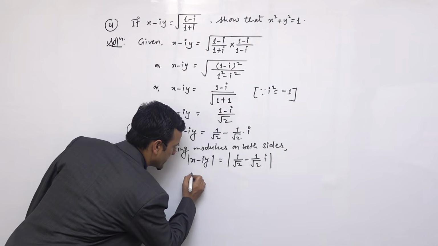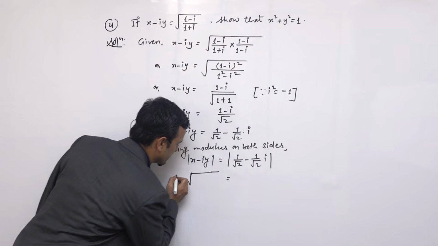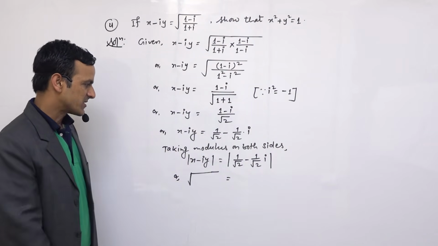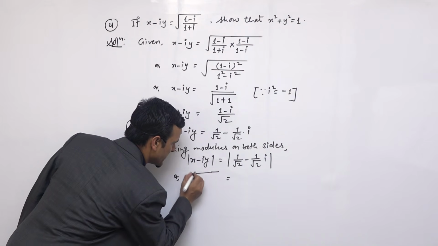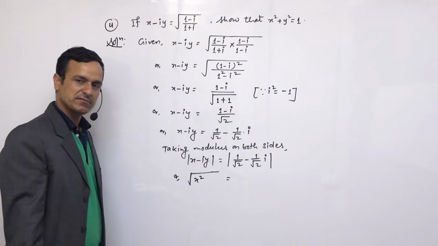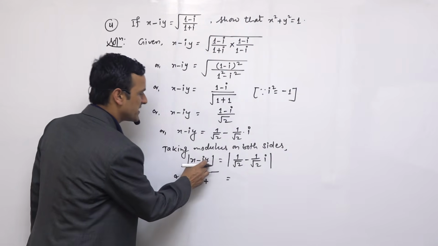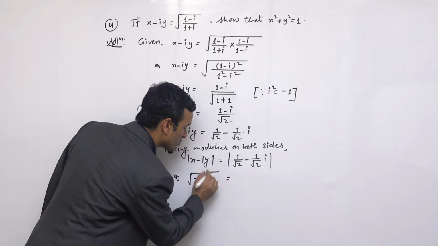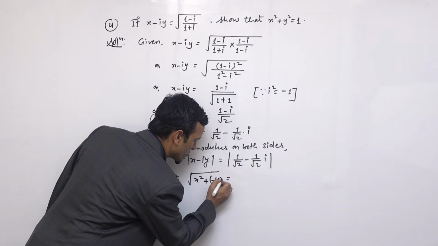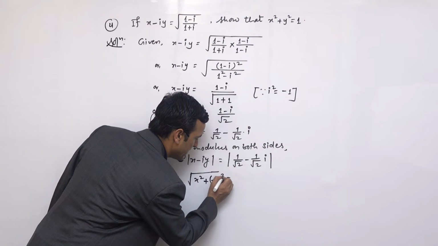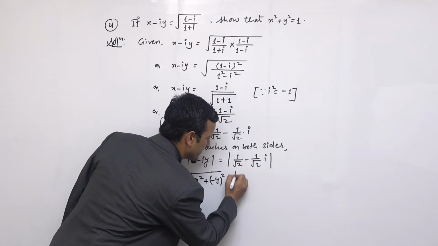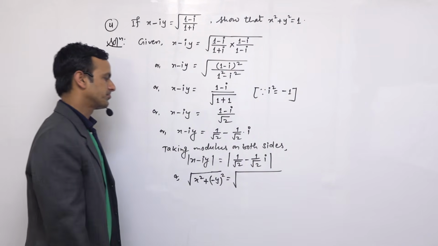So using the definition of modulus, we can write down the real part square, this means x square, plus the imaginary part square, meaning minus y. Also we have to include this minus sign. And here is also root under.